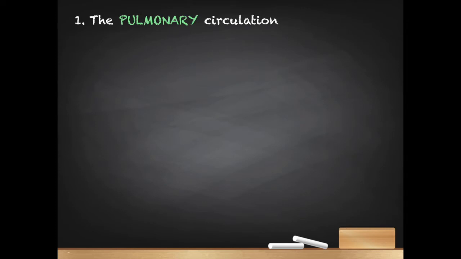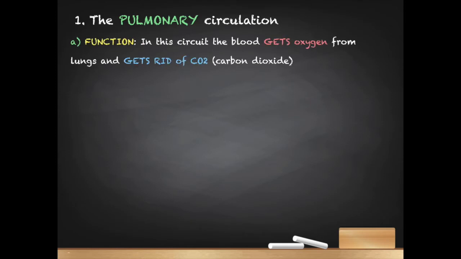Now let's start to know what the pulmonary circulation is. It is the movement of blood through the lungs. Question A: what is the function of pulmonary circulation?